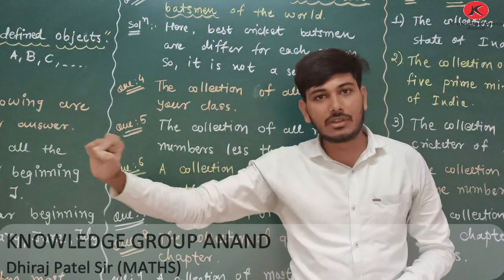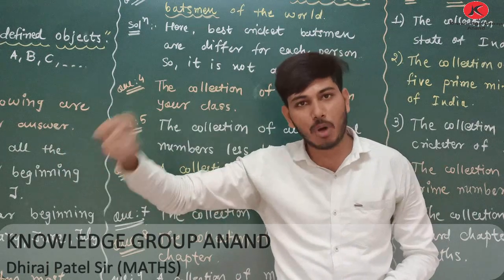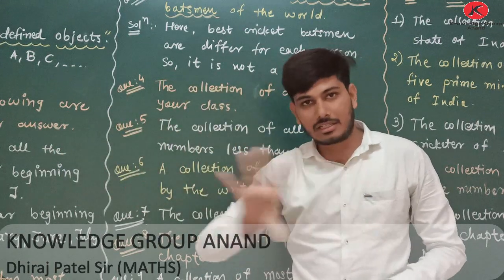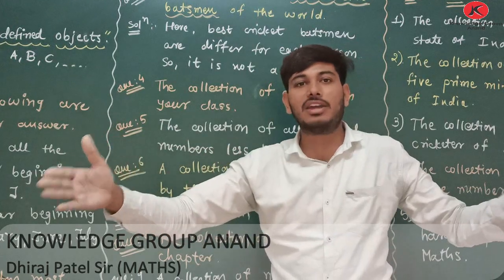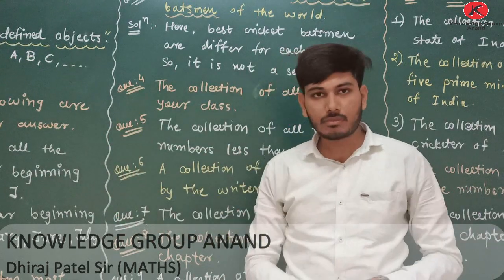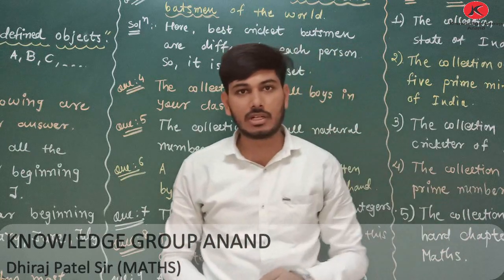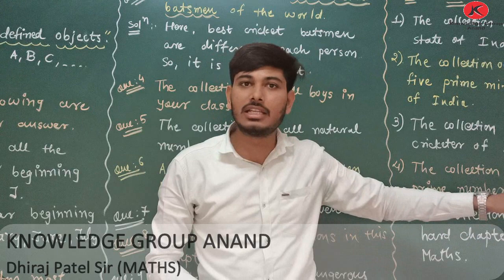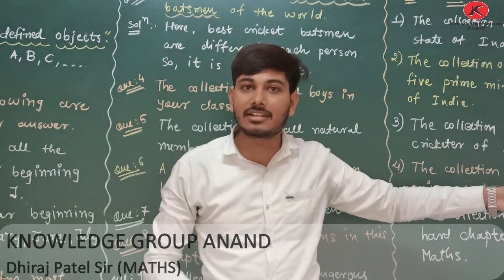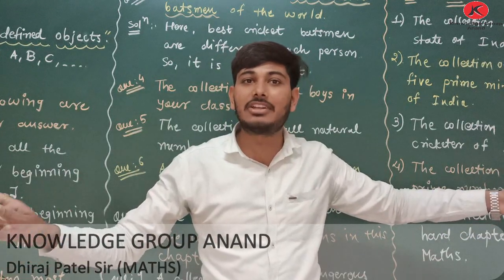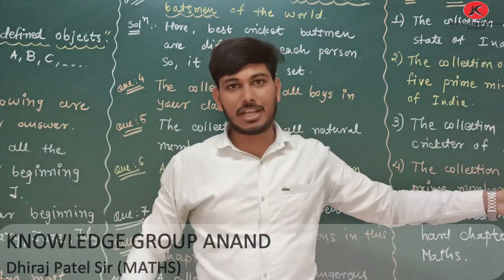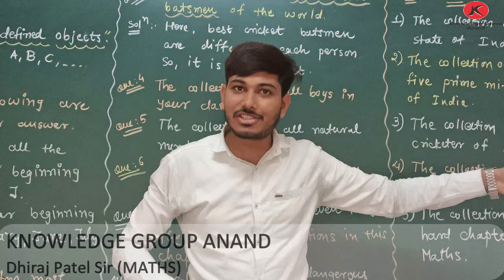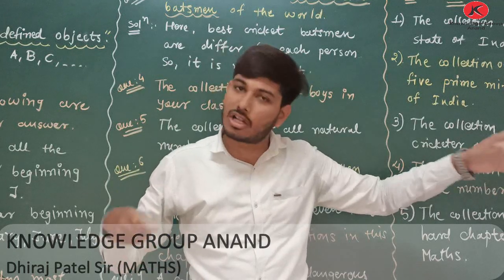If I write the names of all 30 boys present in your class, it is a collection of boys in your class. If I ask your class teacher, he or she will give the same answer as I said. The answer of your class teacher and my answer are also the same.